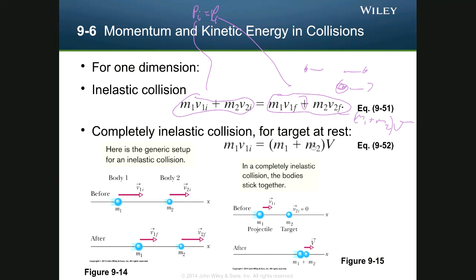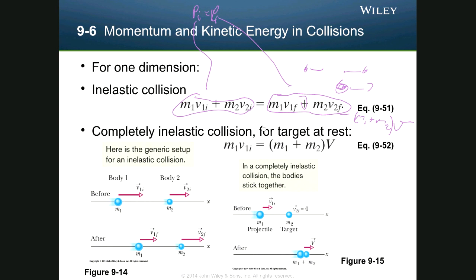Now, we can further simplify the other side if we're firing a body at a stationary target, right? So if it's a completely inelastic collision, they stick together and we get this target.